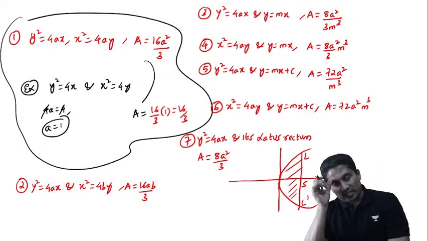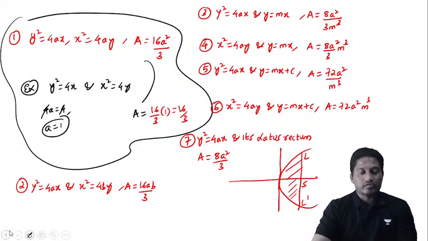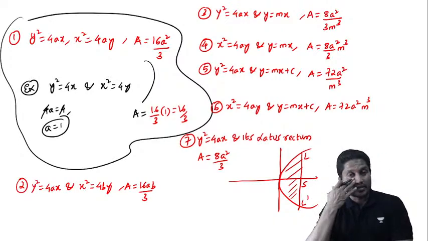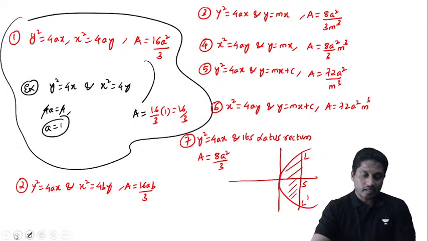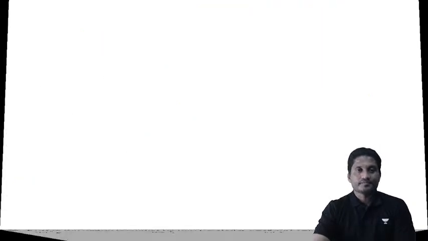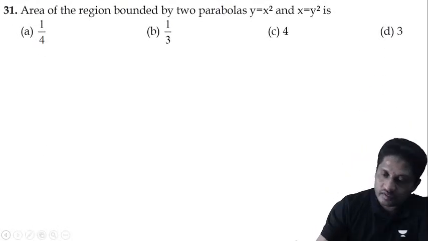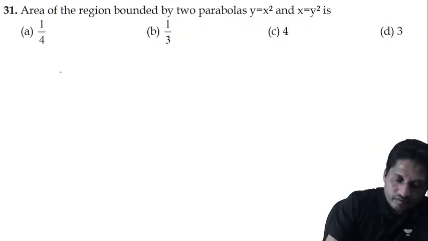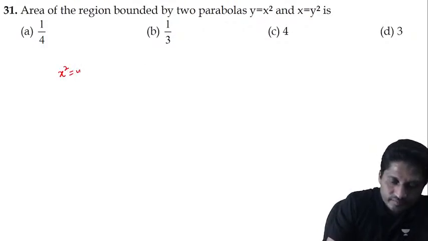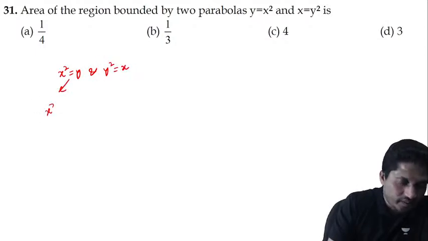Alright, now if I use these results, you can use this in 2020, 21 questions as well, and even in JEE main this will work out. If you have suppose x square is equal to y and y square is equal to x, one is of the form x square is equal to 4ay, and the other is of the form y square is equal to 4ax.